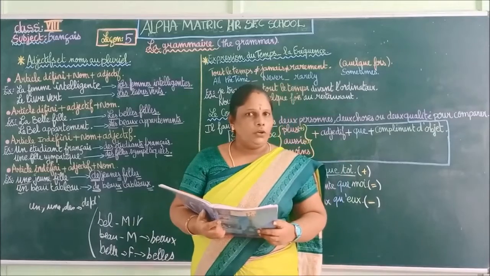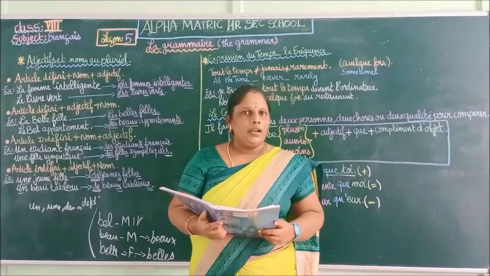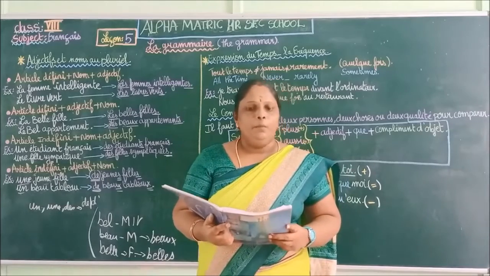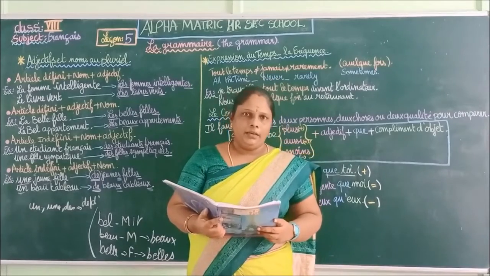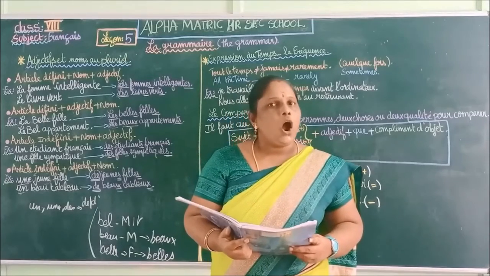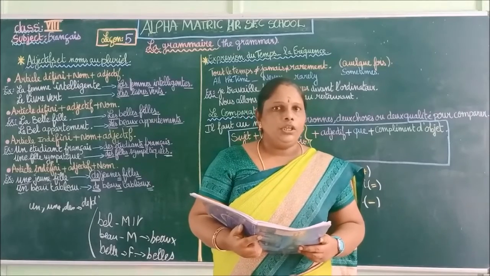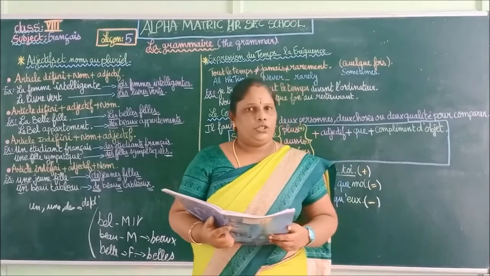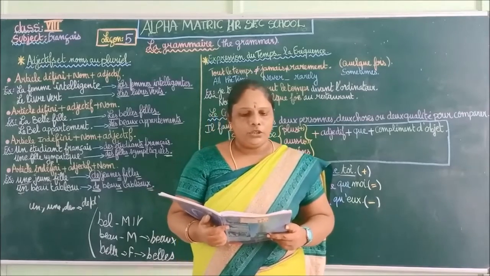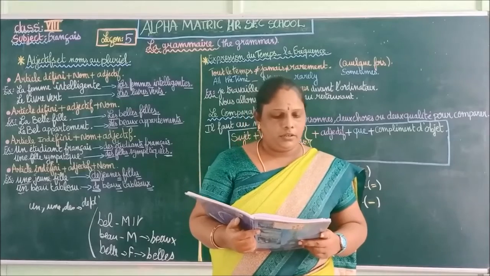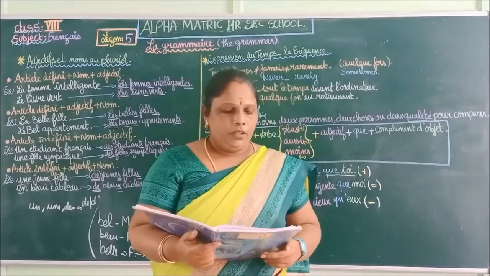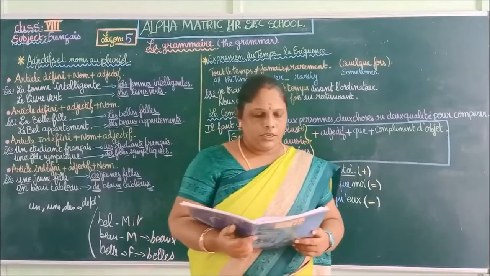Okay, so how we are going to frame this sentence? We are going to conjugate the verb. Elle met les clés sur la table. So she put the keys on the table. Okay, use the simple preposition. Try to do the remaining exercise also. Okay, so B, C, D, E. So next one, the following exercise.